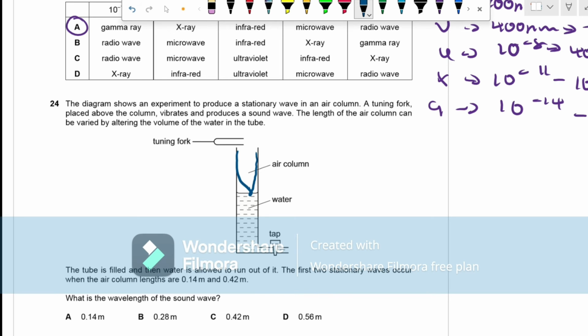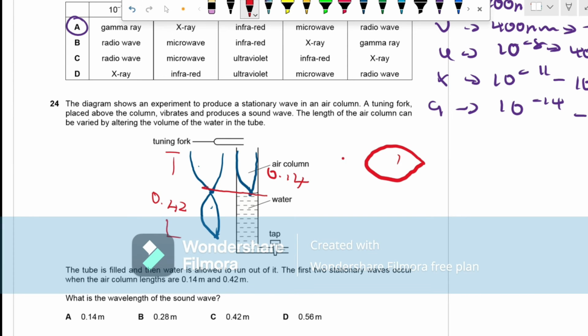Then the next wave that's going to come is going to come like so, like so, like so. So basically like this. Look at this point. From the question, this is 0.14, and then this is 0.42.